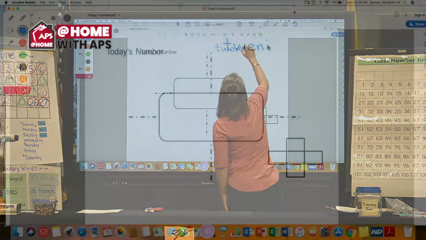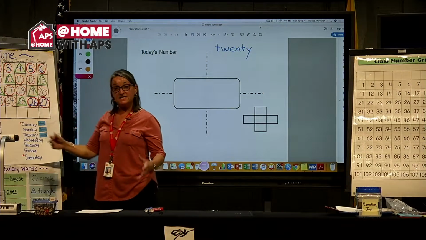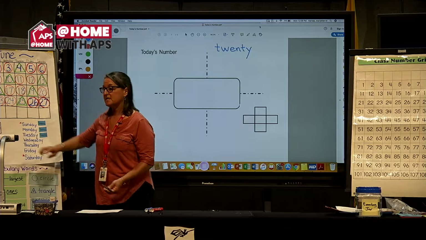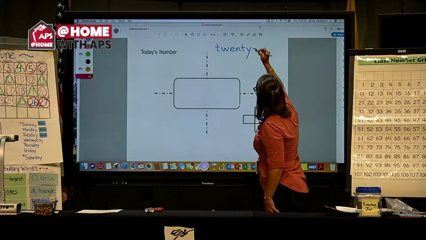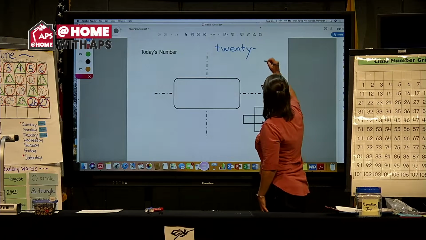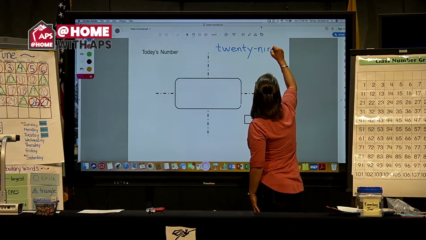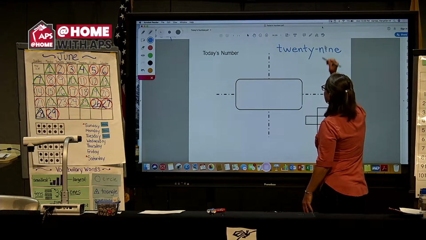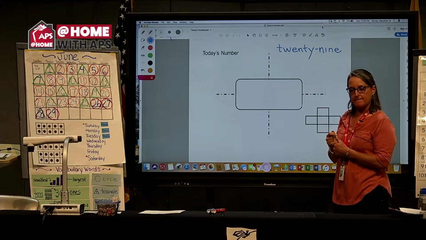First, 20, right, which is the first digit in 29, talks about how many tens. Here are our 2 tens for 20. So we write 20, and then how many ones do we have left over? 9. So we write 9, N-I-N-E. Very good.